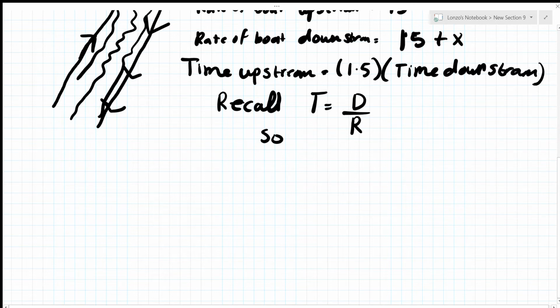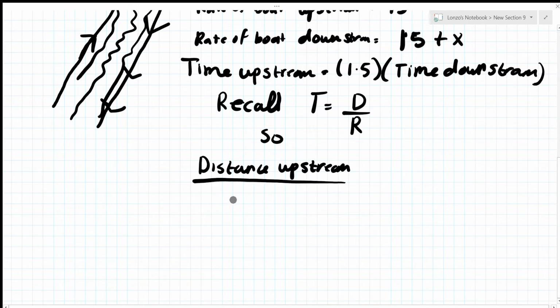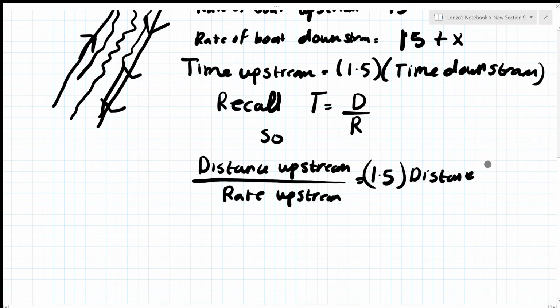So what that means is distance upstream over rate upstream equals 1.5 times distance downstream, and then divided by rate downstream.